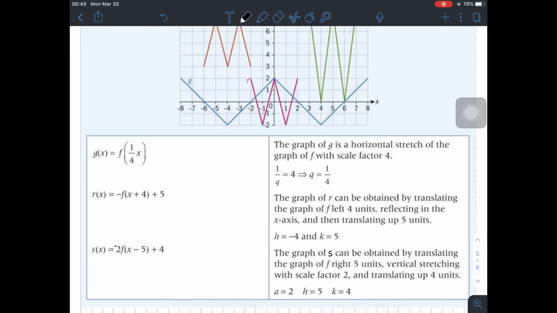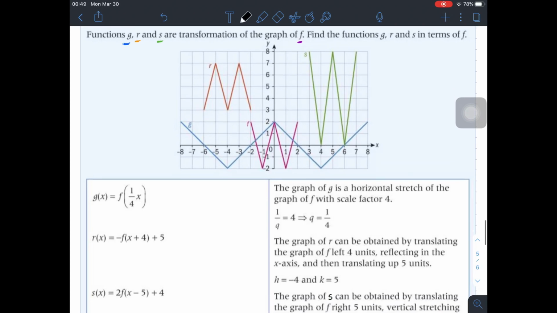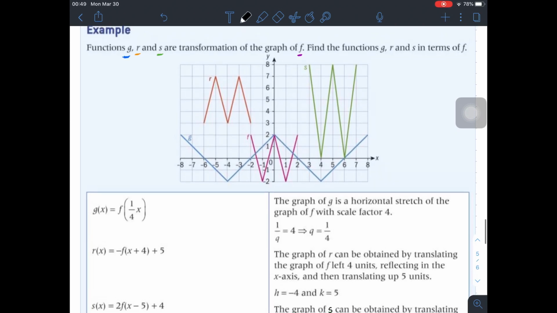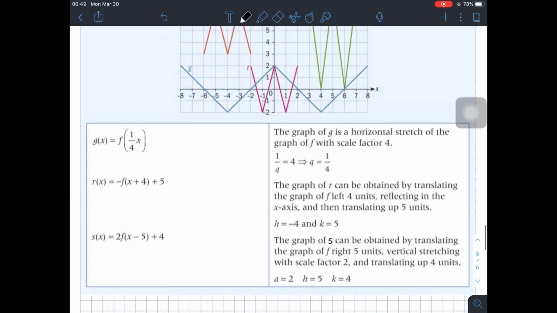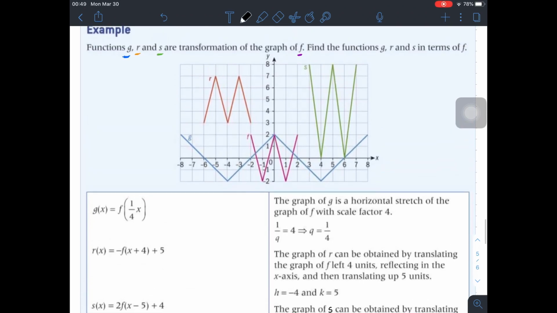Then it says a vertical stretch with scale factor 2. Why scale factor of 2? Because all of the points double. For example, let me see. If we calculate the distance from this, it is 8 to 0, right, to the bottom, and in this case it's from 2 to -2.